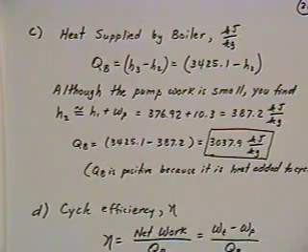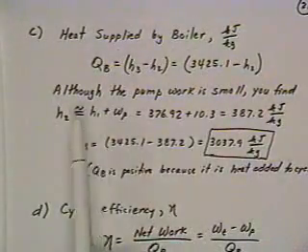You would not introduce a large error in your problem if you said, okay, the pump work is really negligible and the enthalpy at 2 was equal to the enthalpy at 1. That would not introduce a large error. However, it would probably turn out to be a mistake that you wouldn't want to make.